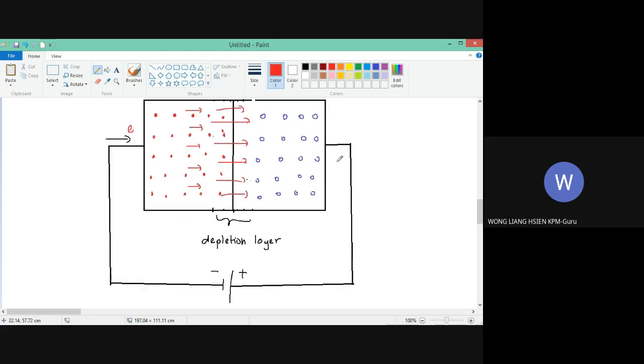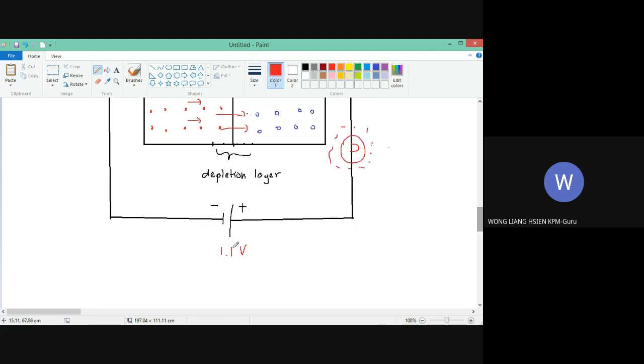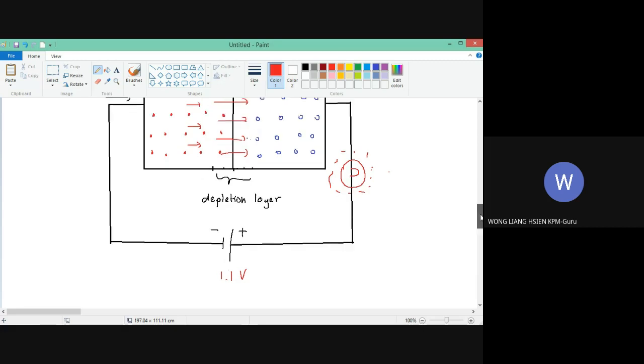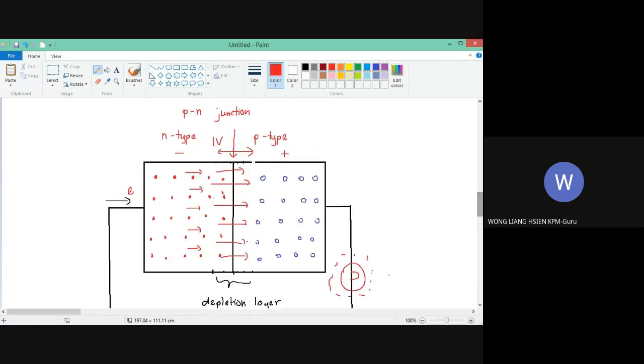So if you put a bulb here, then this bulb will light up. Current can pass through. But of course, the voltage of the power source must be higher than the junction voltage, then the electron can pass through. If the electron flows in this direction, remember, the current will be in the opposite direction.